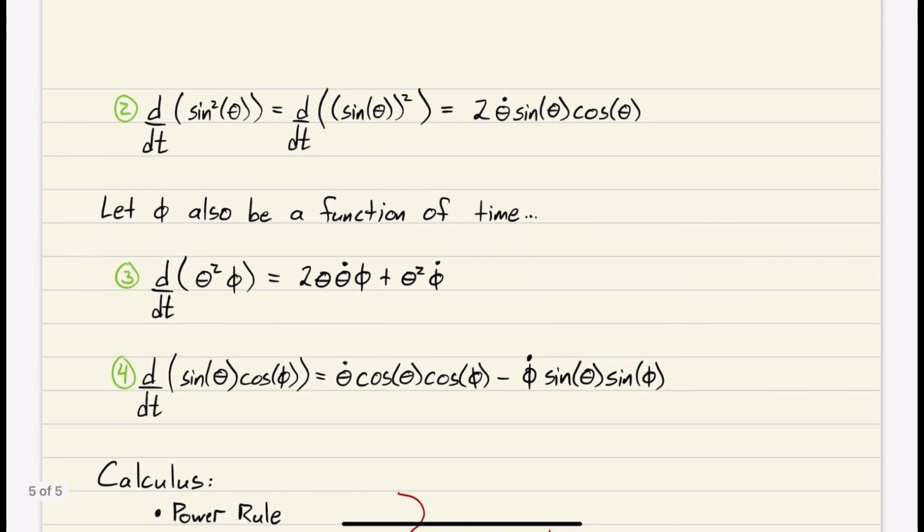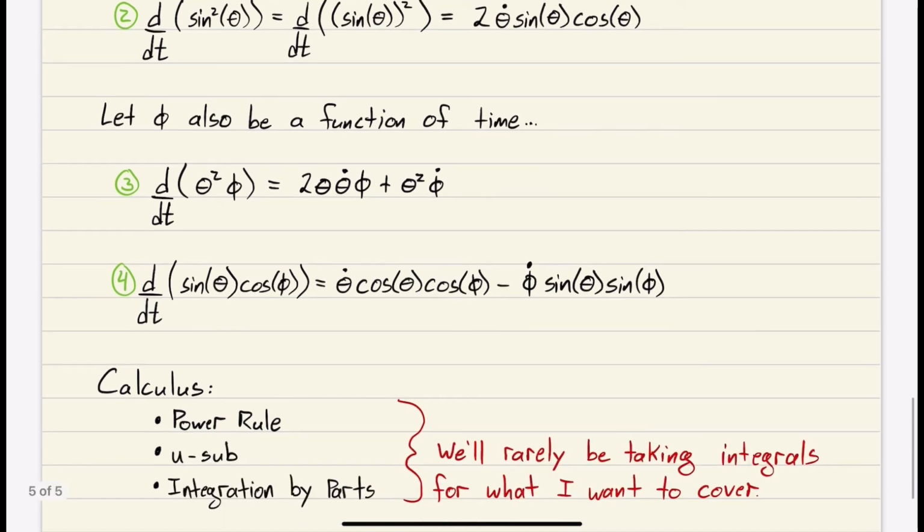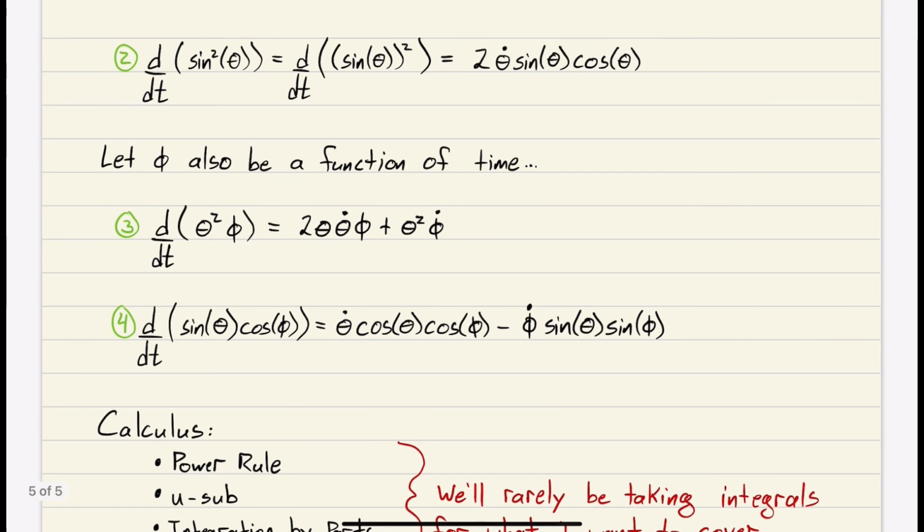Let phi also be a function of time. Okay, so just like theta was theta of t, this is phi of t. So let's take the derivative of theta squared phi. Okay, let's do the product rule. And what was the little mnemonic we learned for product rules? It was derivative of the first times the second plus the first times the derivative of the second.